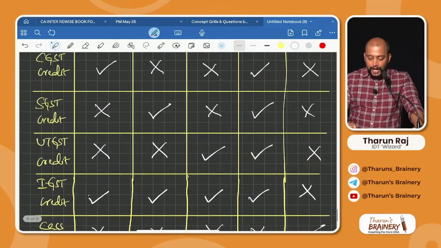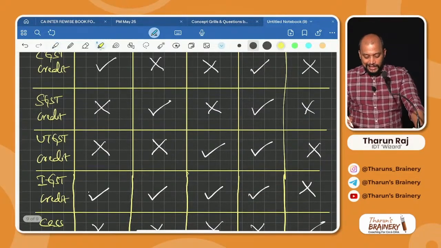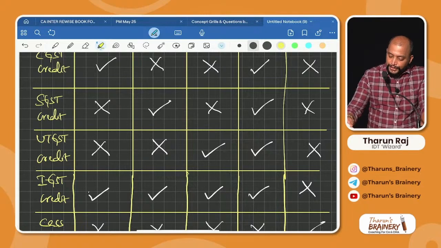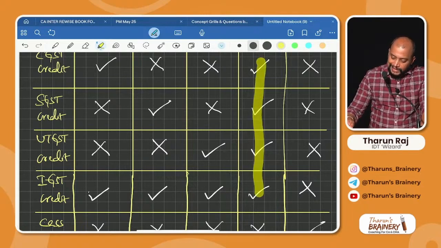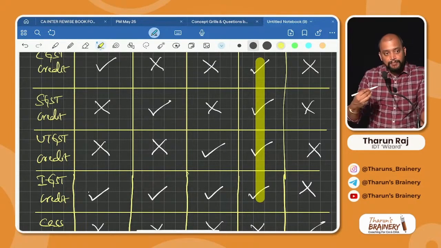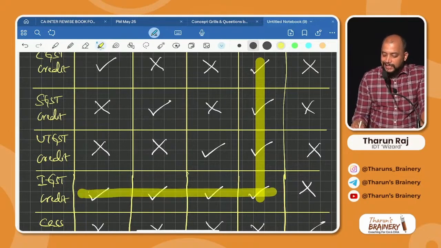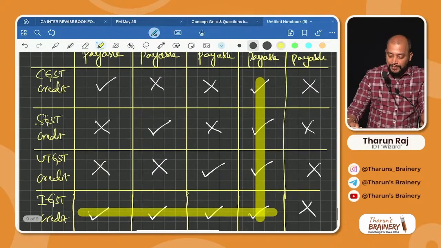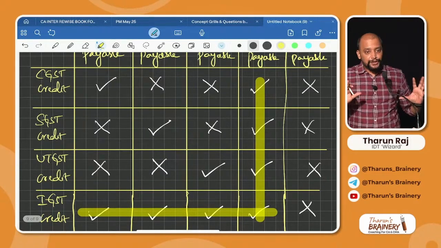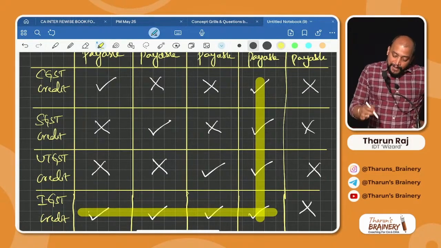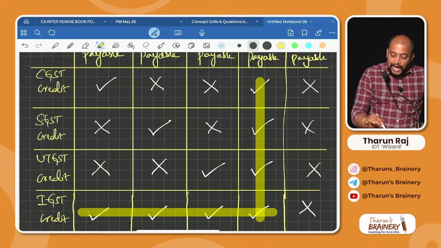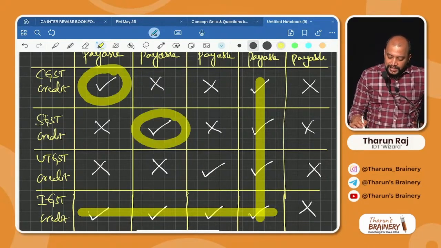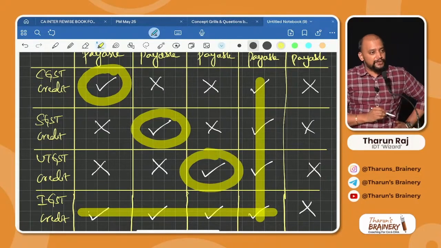Now, if you observe the IGST column and IGST row, there is no restriction. IGST credit we can use for payment of any liability, correct? There is no restriction with respect to IGST. But in the other cases, CGST for payment of CGST, SGST for SGST, UTGST for payment of UTGST.